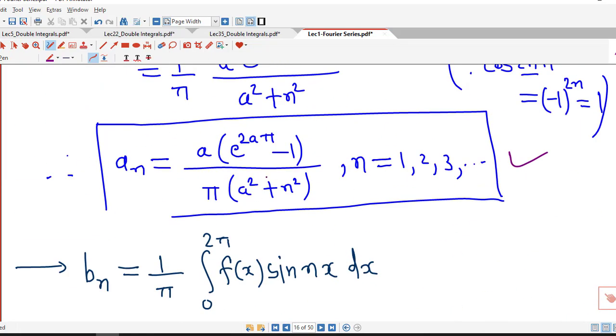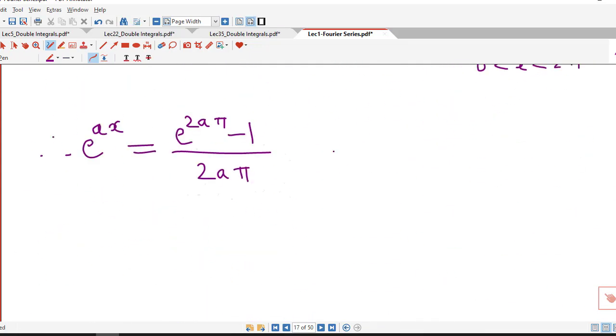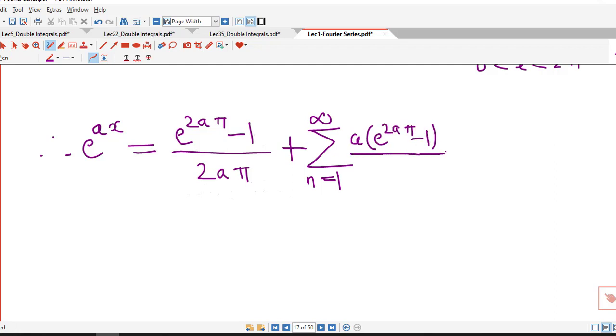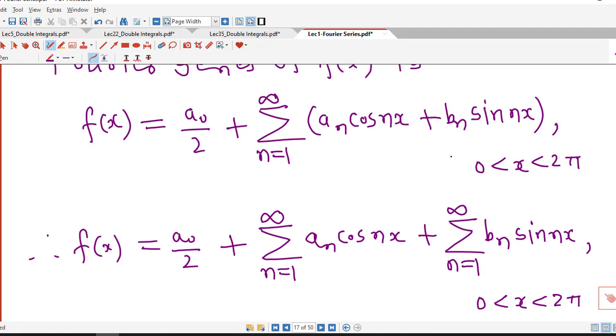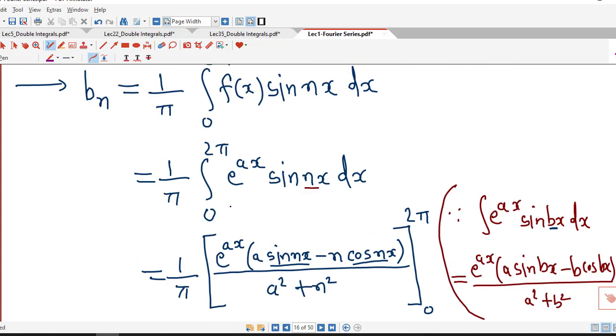So now we put this value, an cos nx: sigma n equal to 1 to infinity, a into e raised to 2a pi minus 1 divided by a square plus n square. Let me check again: a into e raised to 2a pi minus 1 divided by pi into a square plus n square.